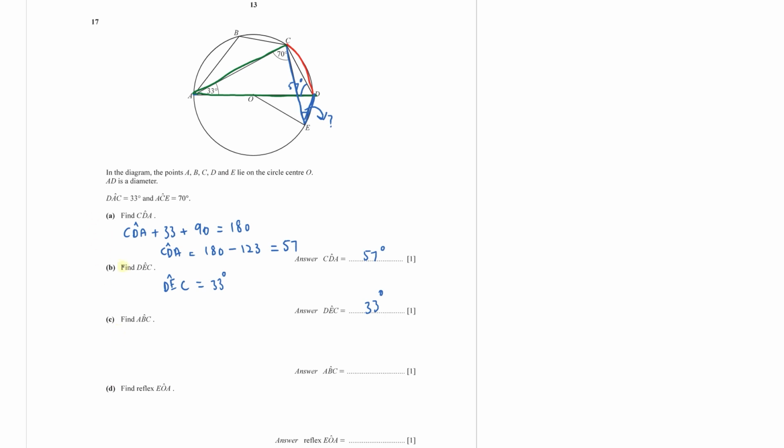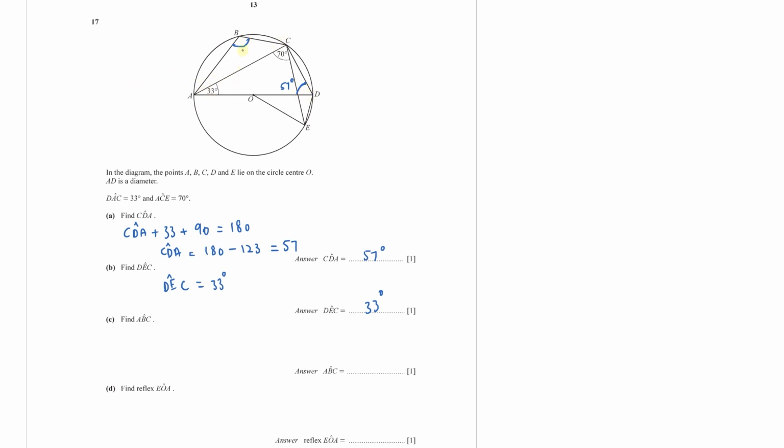Part C is find angle ABC. So let me just erase what I drew in the previous one. We know that this angle here is 57 degrees that we calculated in part A. And now we have to calculate this angle ABC. If you look at this quadrilateral ABCD, this is actually a cyclic quadrilateral because all four vertices are on the circumference of this circle.